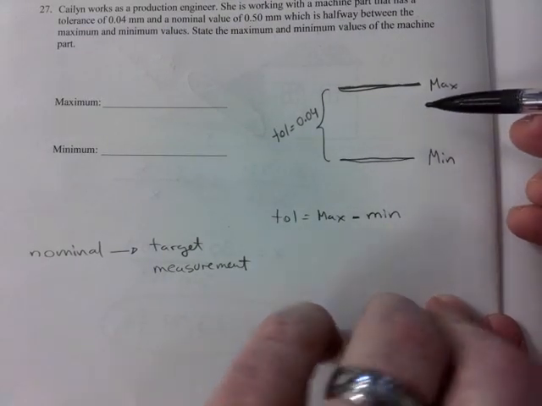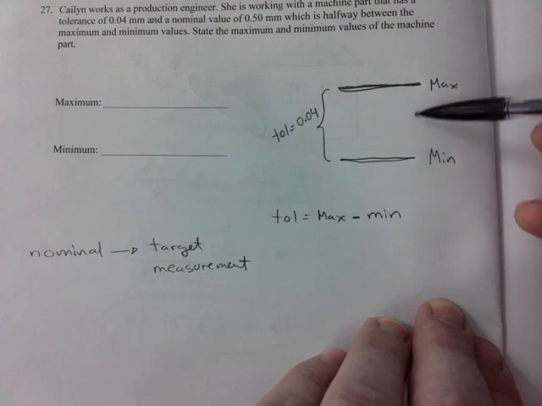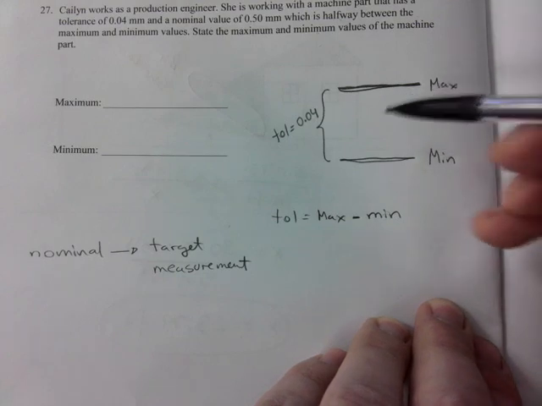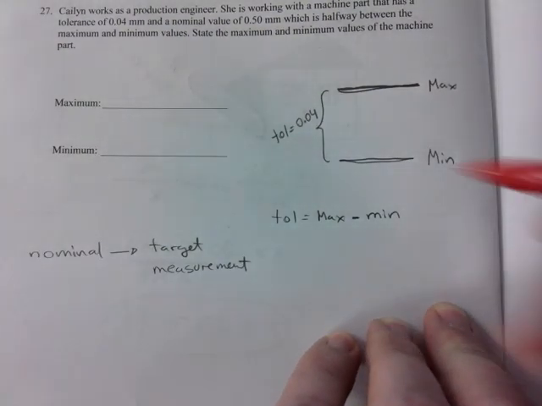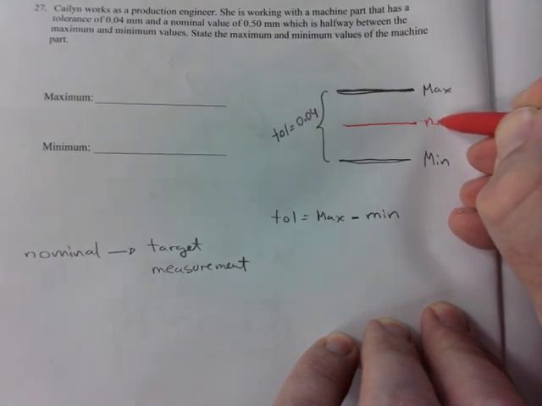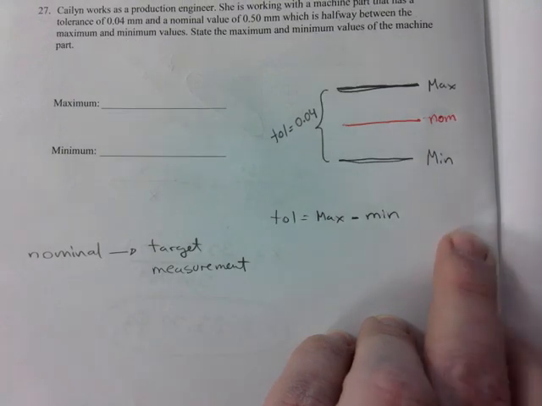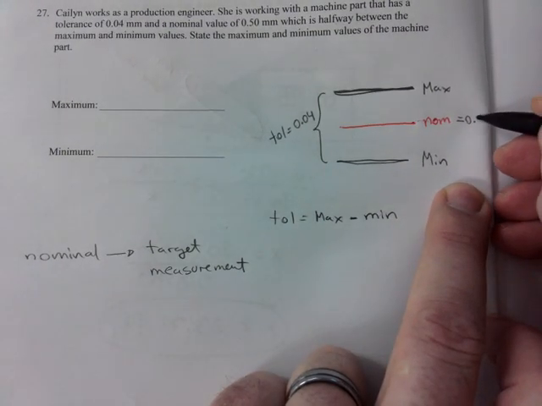The target could be anywhere here, but the question is telling me that it is exactly halfway. So I'm actually going to use a different color. This is my nominal, and that is, in this case, 0.50.